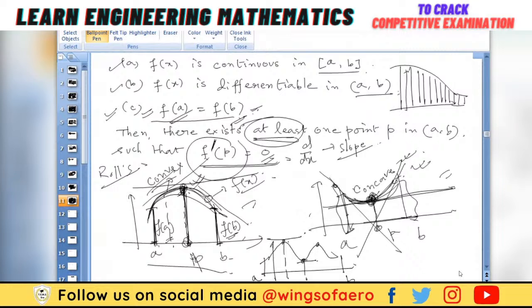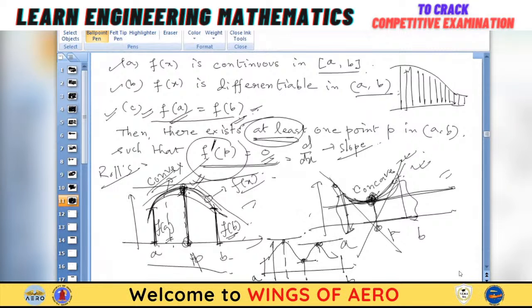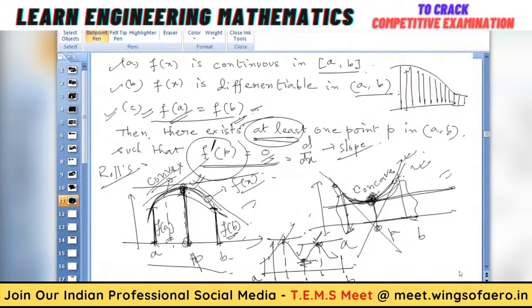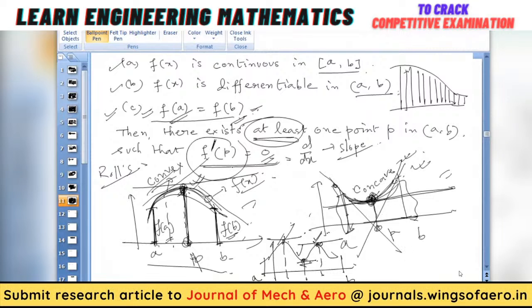There is another maximum value, and the tangent is parallel to the x-axis. So there are 3 points we can get, this one, this one, and this one. In between, this is a maximum, this is a minimum, this is another maximum. Okay.